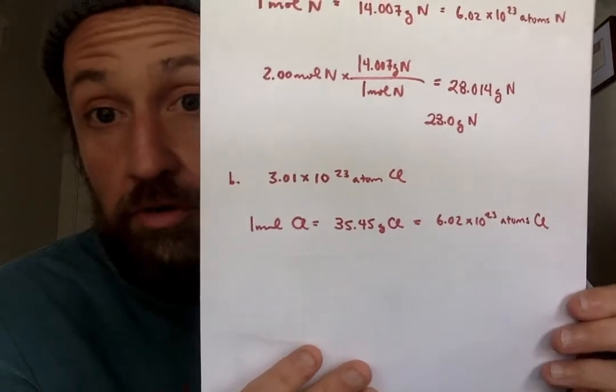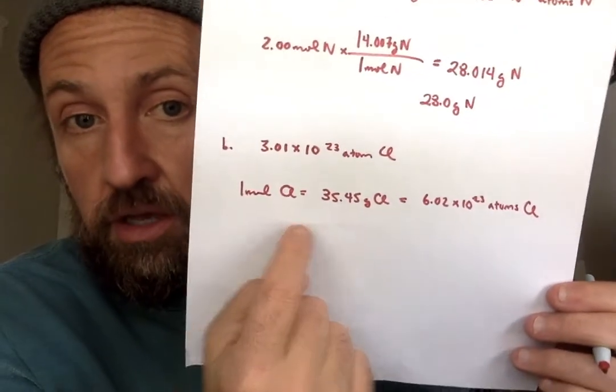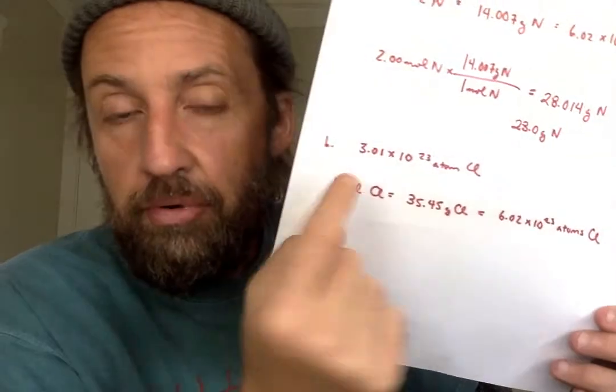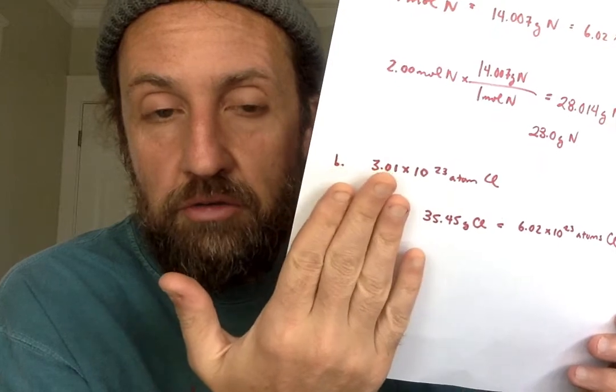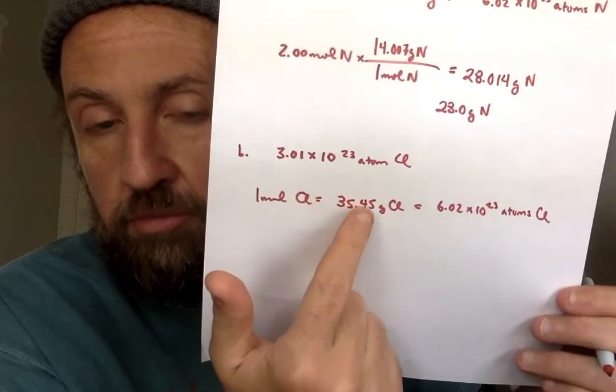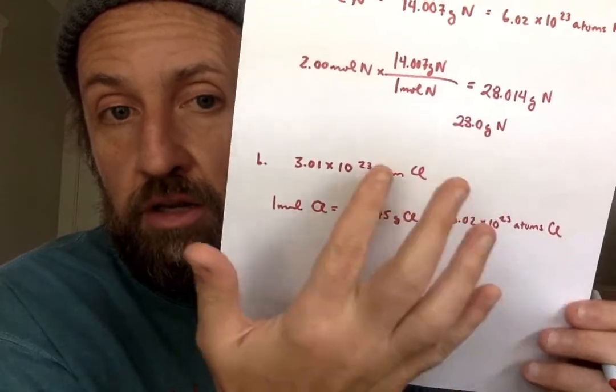And then I'm going to do the same thing. 1 mole of chlorine equals 35.45 grams of chlorine equals 6.02 times 10 to the 23rd atoms of chlorine. And I'm going uphill again, but you're just going to have to deal with it. Here, the problem stated they wanted the answer in grams. So this time I'm not going to use the moles, I'm going to use the grams because that's what the problem asked for. And then here, atoms.